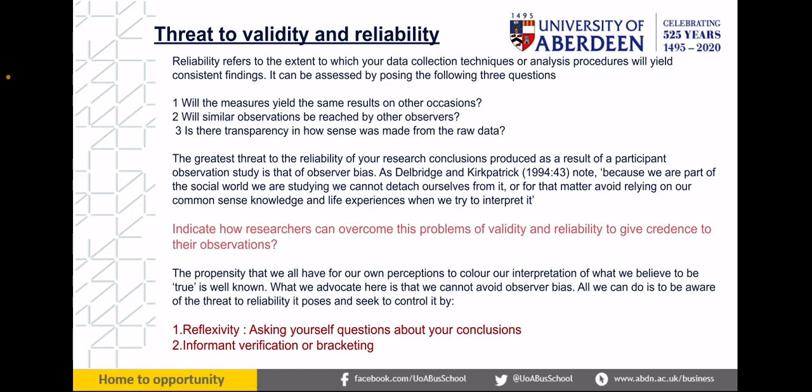You mentioned last month that this is what happened. Is this what you meant? So you're trying to verify what they said, and ensure that you are capturing the accurate narratives of your respondents. So reflexivity and information verification, or bracketing, are two good ways to remove observer bias.